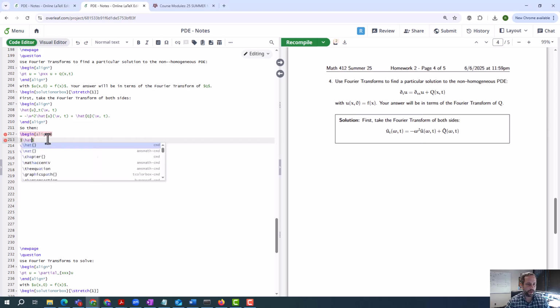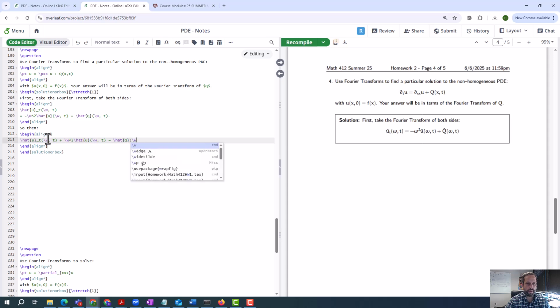Okay, so this now is a first order differential equation, but it's not homogeneous. So it's going to be plus omega squared u. Now there's a couple of different ways to approach this, to solve for u hat now.